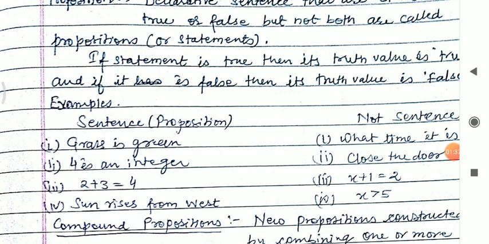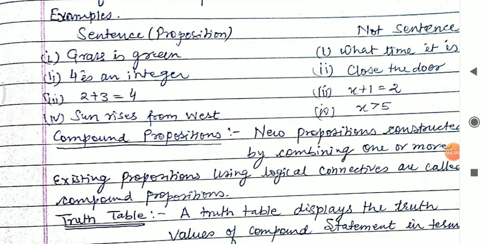You cannot say it is true or false unless you know the value of x. Similarly, in x is greater than 5, you don't know the value of x. So these are examples in which we cannot assign true or false to these sentences, so these are not propositions.